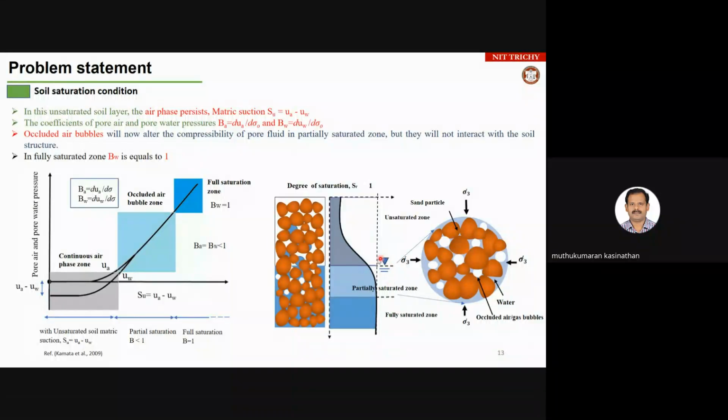Beyond that you will have a fully saturated soil, and above it a partially saturated soil. When you see the response of the partially saturated soil schematically, you will have accumulated air bubbles within the soil skeleton. So these accumulated air bubbles are going to help with liquefaction mitigation.